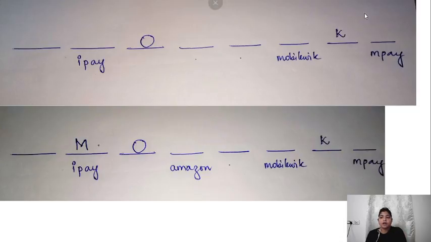Okay, so MobiKwik. Now I will make the sitting arrangement for K. I can write K here or K here. I have the possibility to write K here and MPay here, but as a first possibility I chose to write K here and then MPay here, right? So this is the condition.